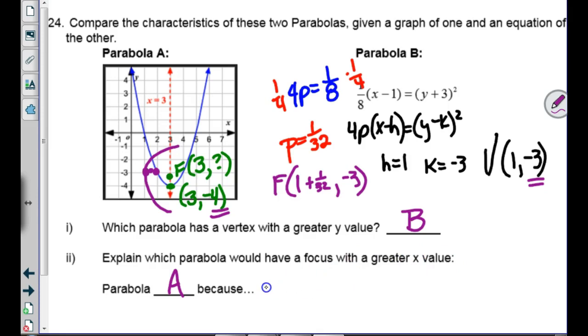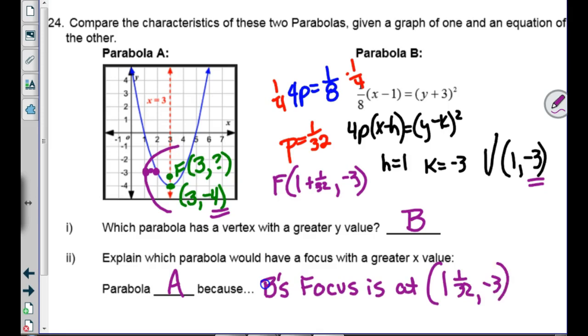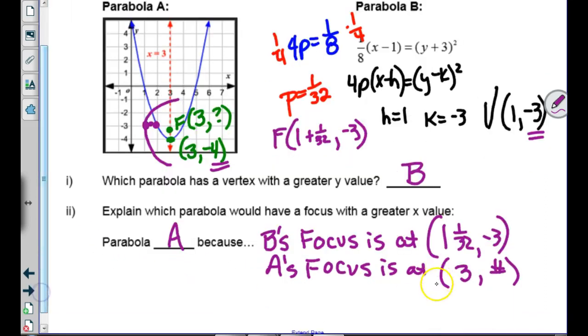So you could just say it's further to the right, but you could say, let's see, B's focus is at 1 and 1/32, -3. A's focus is at 3 comma something. I don't know what, but I really don't care because that means A has a greater x.